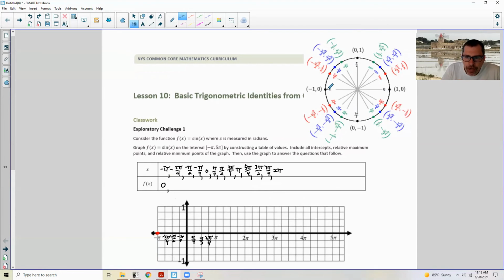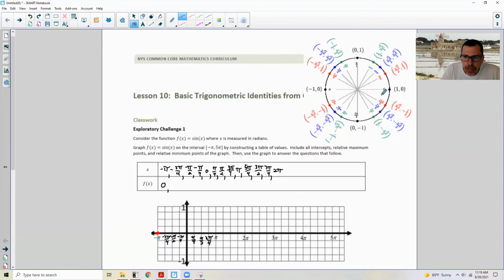So negative pi, sine of negative pi is 0. Sine of negative 3 pi over 4. Here's pi over 2, and 3/4 pi is right here.